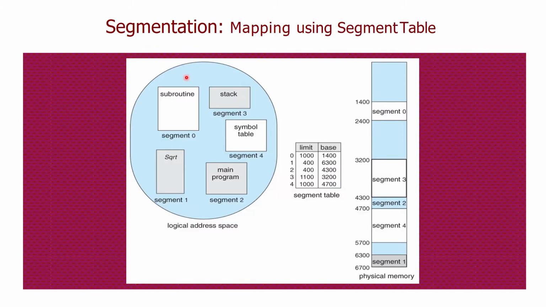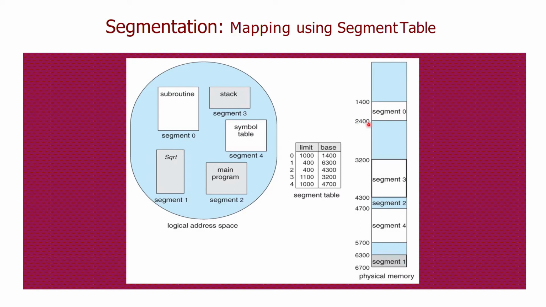So this is the segmentation mapping using the segment table. These are my segments in the logical address space, and this is my segment table. What we need to do is map it in the physical memory. But how is it done? The base value 1400 is picked, and the limit is 1000, so we have to move 1000 locations starting from 1400.